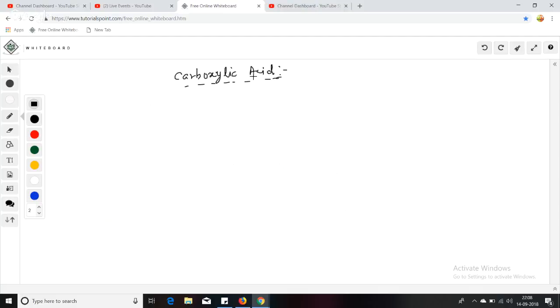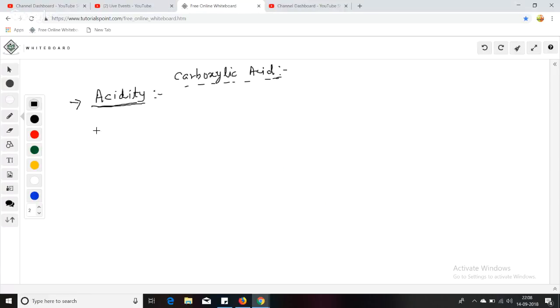We have seen that take place with the formation of nitrenes as an intermediate. Those name reactions we have already done. The important thing we'll discuss here is acidity of carboxylic acid.